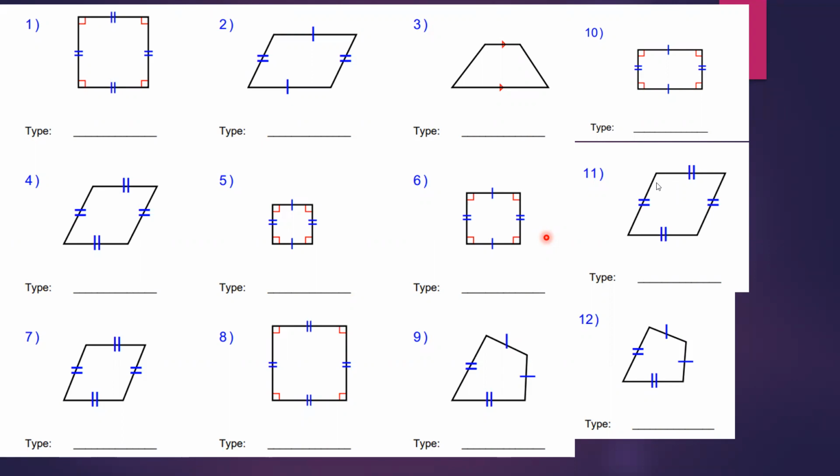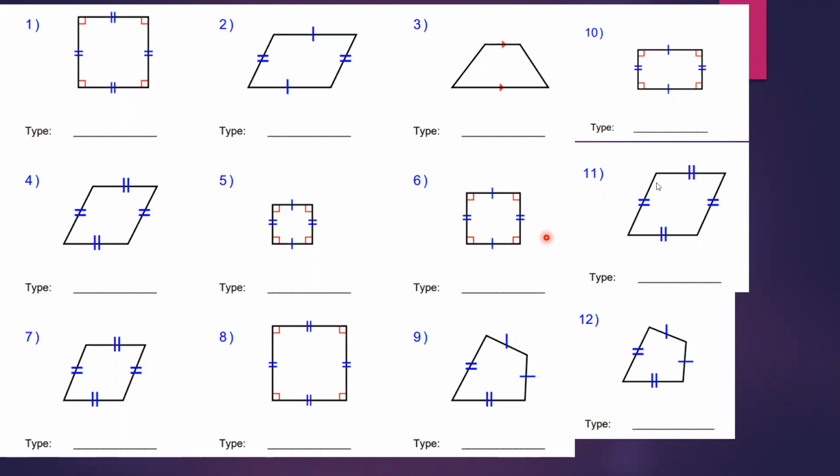Destiny, what number you on? Where's Destiny? Destiny, what number are you on? I can't hear from Destiny. And who else? Chai, what number you on? I'm finished.